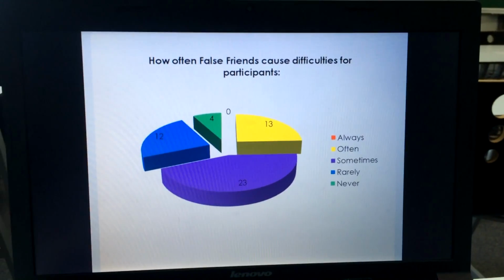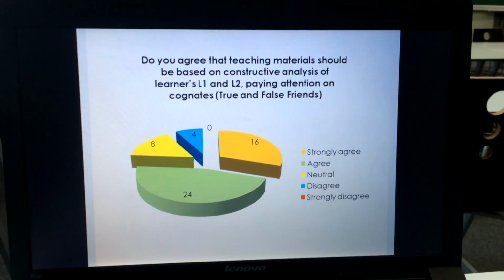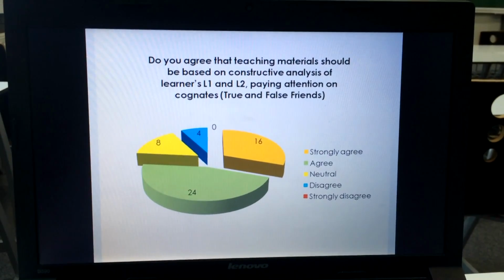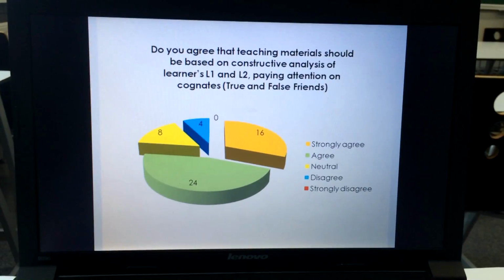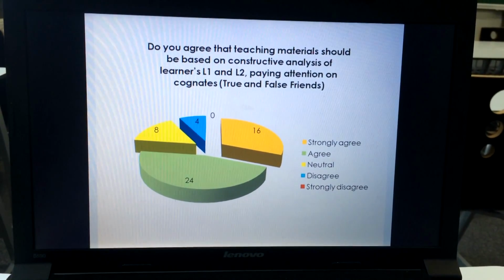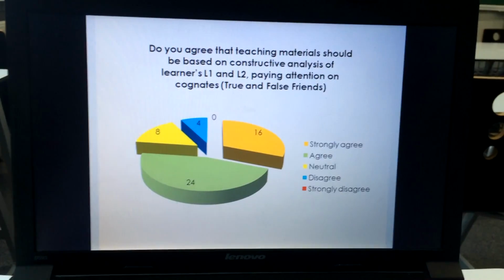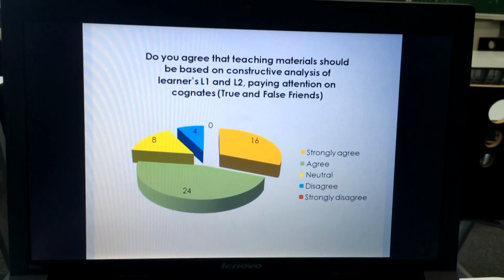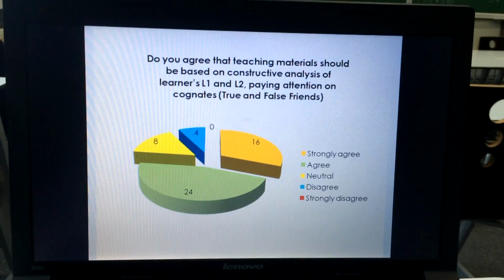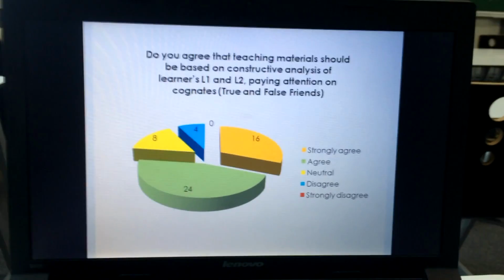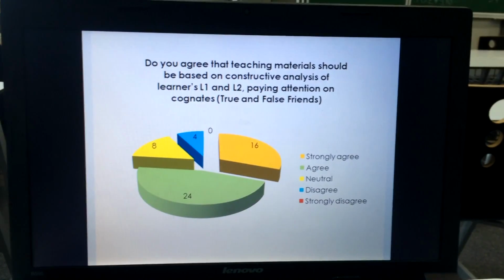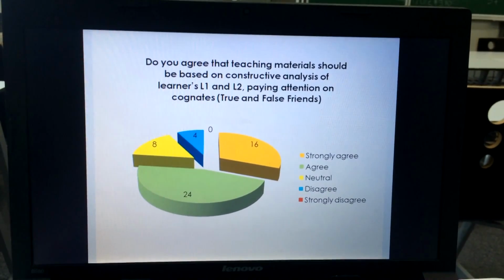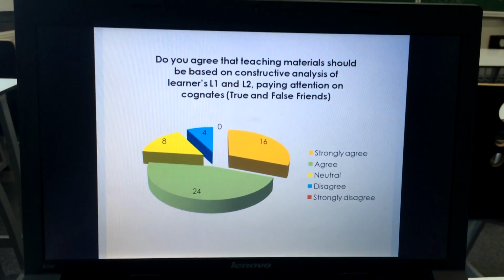More than half of participants agree that teaching materials should be based on constructive analysis of learners' L1 and L2 and should pay attention to cognates, both true and false cognates. As false friends are a big problem for those whose first language is Russian, I found a solution for this problem.